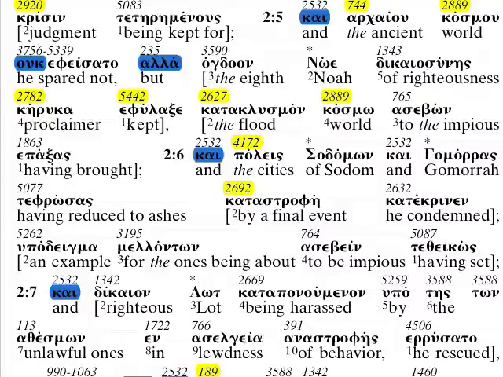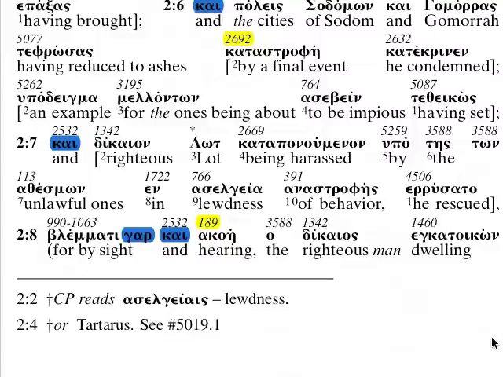And 2:7, K dikeon lot kata ponumenon ipotiston athesmon en aselgia anastrophis erisato. And 1, he rescued. 2, righteous. 3, Lot, being harassed by. 5, the unlawful ones in lewdness of behavior.